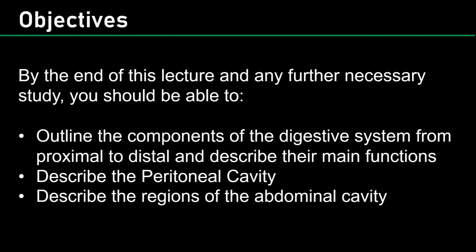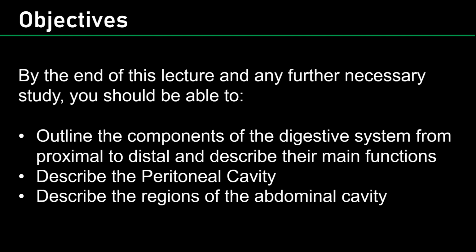We have also looked at the peritoneal cavity, for which we were introduced to the idea of this potential space full of fluid, and how that peritoneal cavity wraps around the abdominal organs. We also briefly looked at the omentum: the lesser omentum, which runs from the liver to the stomach, and the greater omentum, which hangs like an apron off the bottom of the stomach.